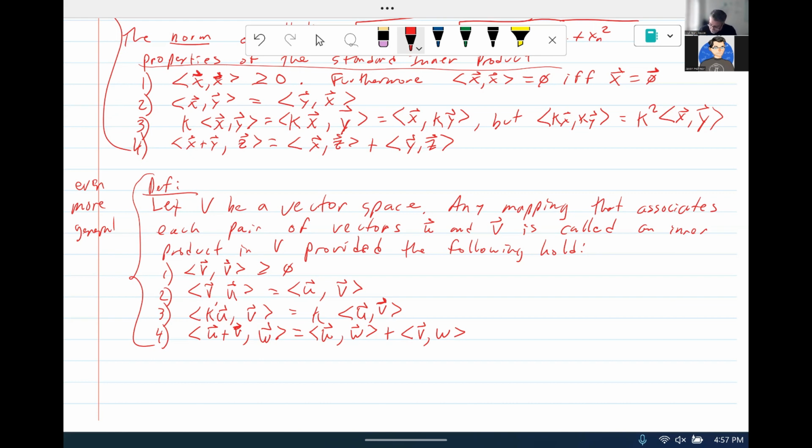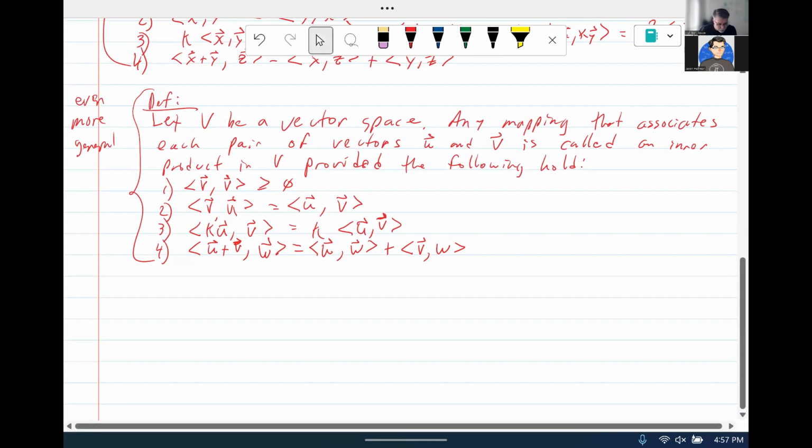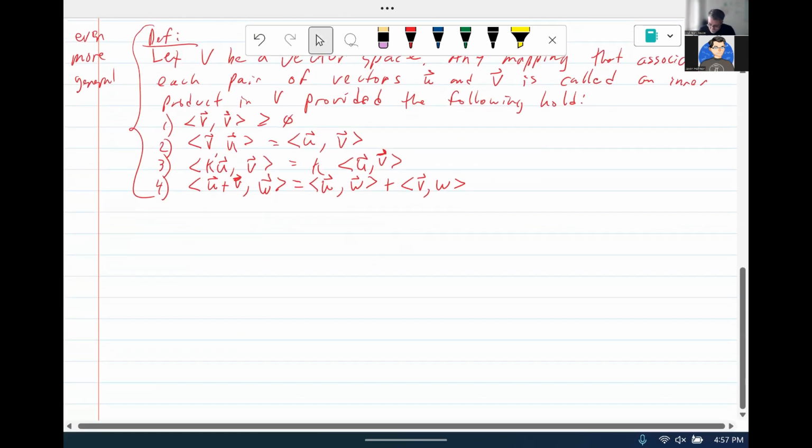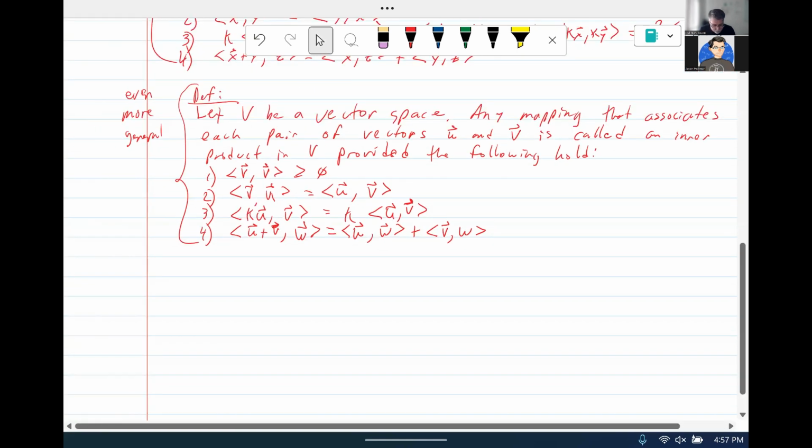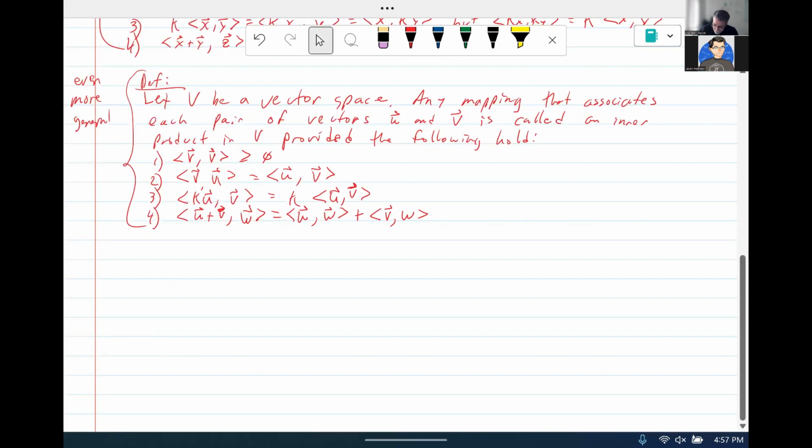Okay, so let's do an example with this, for our vector spaces. Example one.